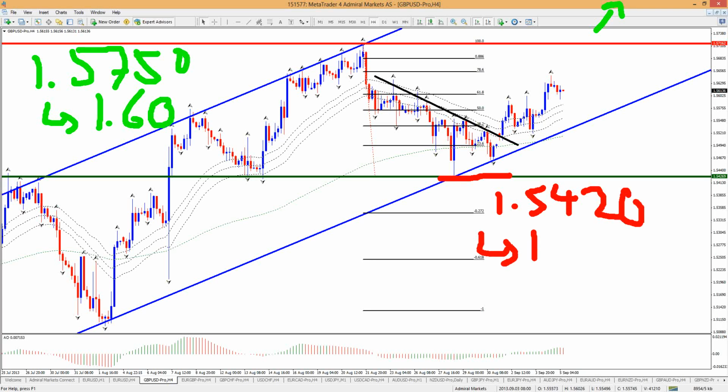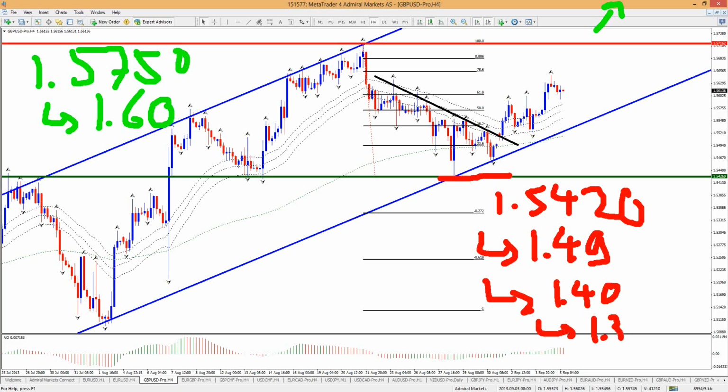Initially down to 148, 149. But I think if it breaks, it can go down to 140, low 140s, maybe, depending on how much speed there is, maybe even to 130s, and get double bottom on the monthly chart. Okay, so those are the levels I'm looking at.